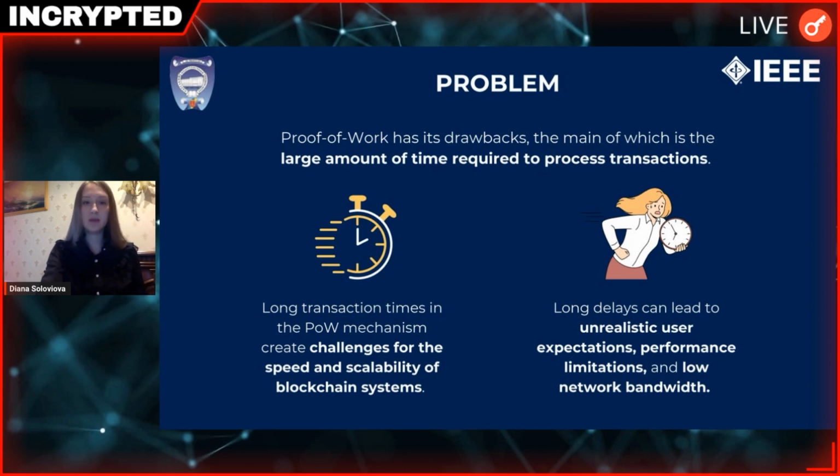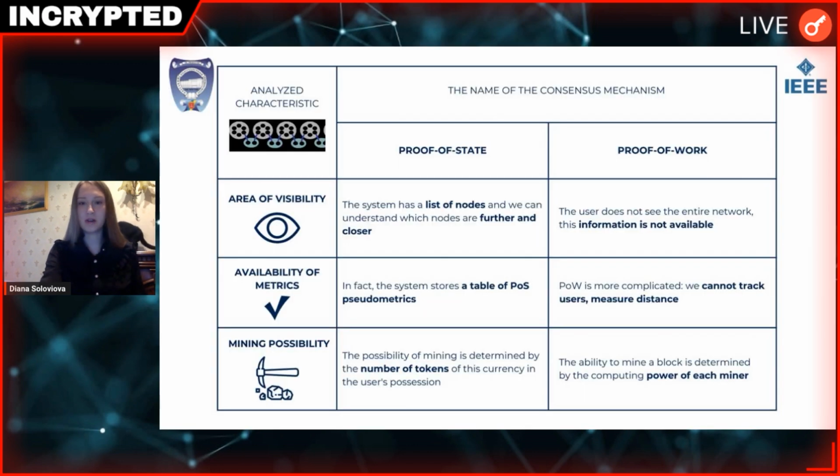Long transaction times in the proof of work mechanism create challenges for the speed and scalability of blockchain systems. Long delays can lead to unrealistic user expectations, performance limitations, and low network bandwidth. For the dynamic consensus mechanism proof of work, there is no ready-made implemented decision that could be successfully used.